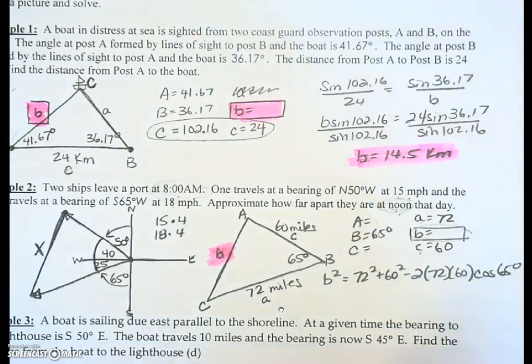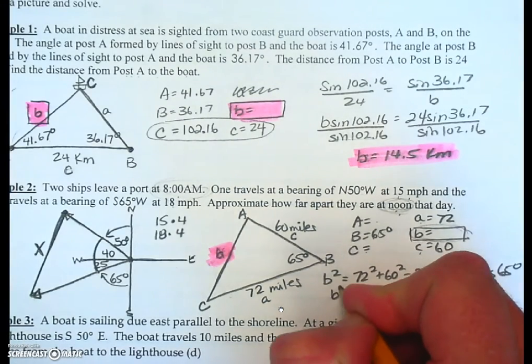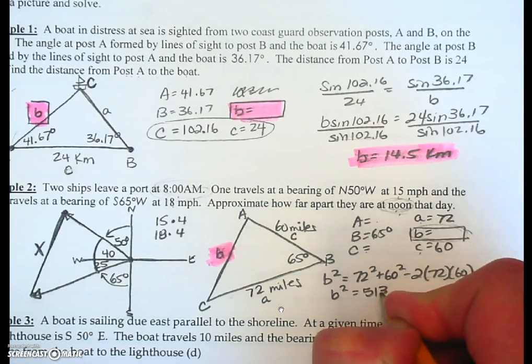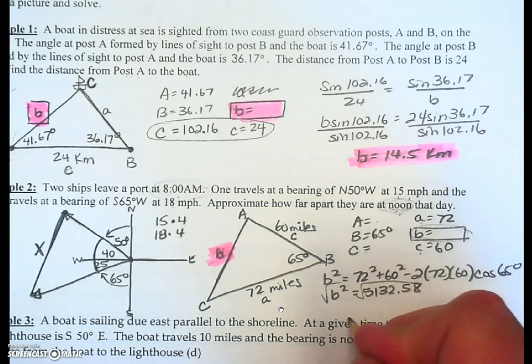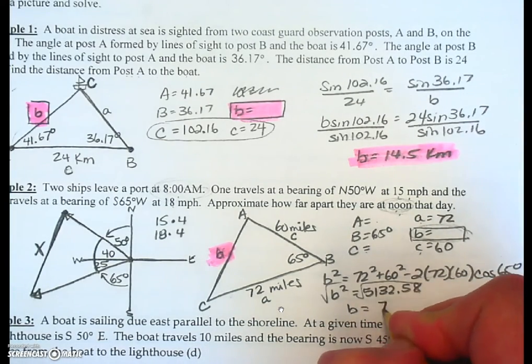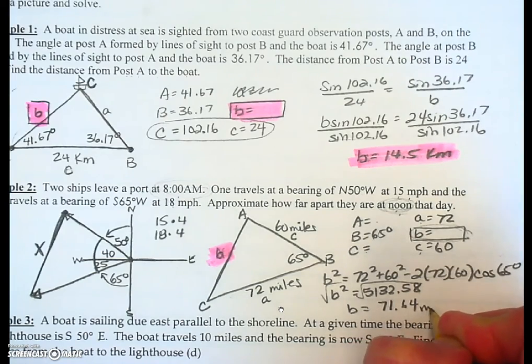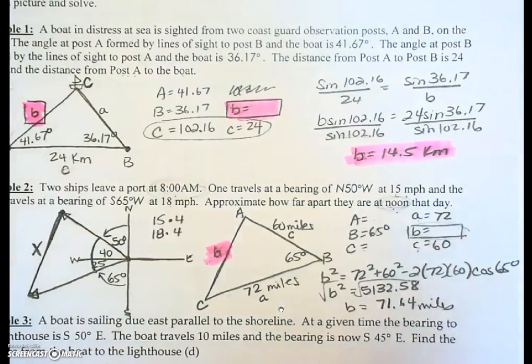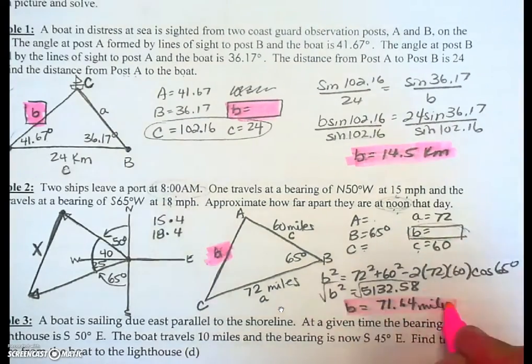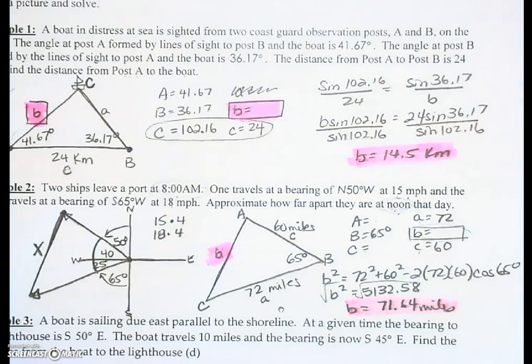This is one of those that you can just type into your calculator. And when you do that, you end up with 5132.58, and then we square root, and we get b is 71.64 miles. And that is how far apart the ships are at noon, and that was what I was looking for. All right, we'll wait and do example 3 later, but that gives you a good idea about how these problems are going to work.